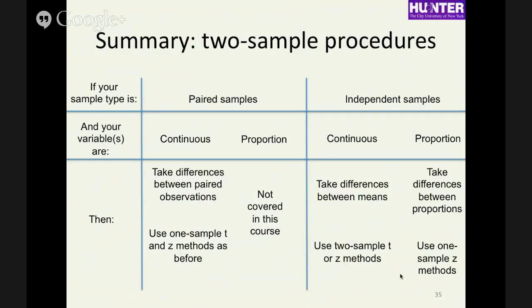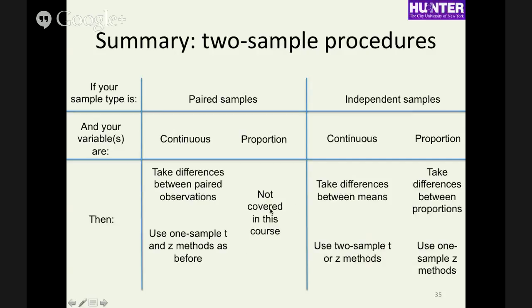Okay, this is just a table for your future reference to help you decide when you have 2 samples, which test to use. If you have paired samples and continuous outcomes, such as reaction time, then you take the differences and use the T or the Z methods. We're not covering what to do in proportions.